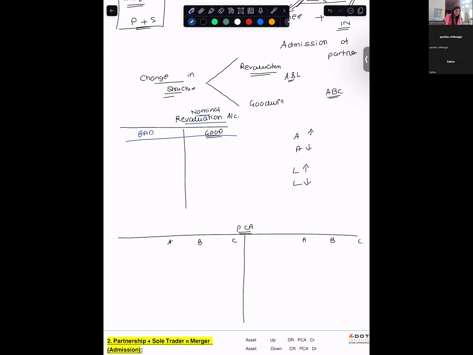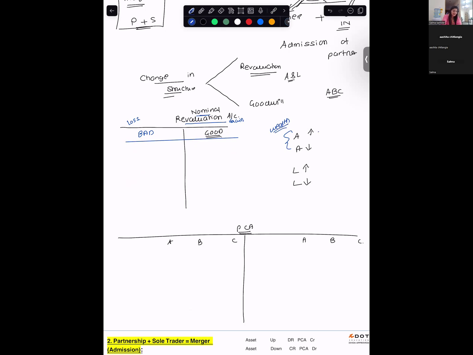Debit. Here you will record all the losses and here you will record all the gains. So this is the format for remembering the revaluation account. All the good things happen on the credit side, all the bad things on the debit side. We treat asset as your wealth.